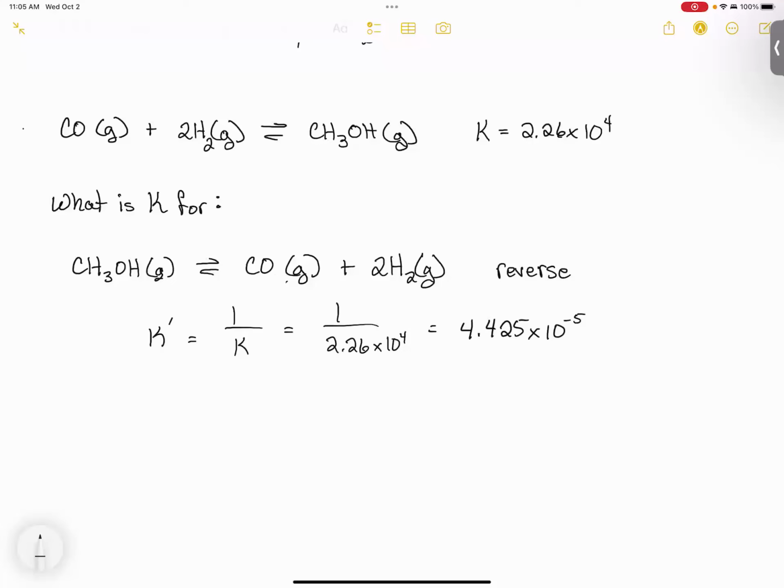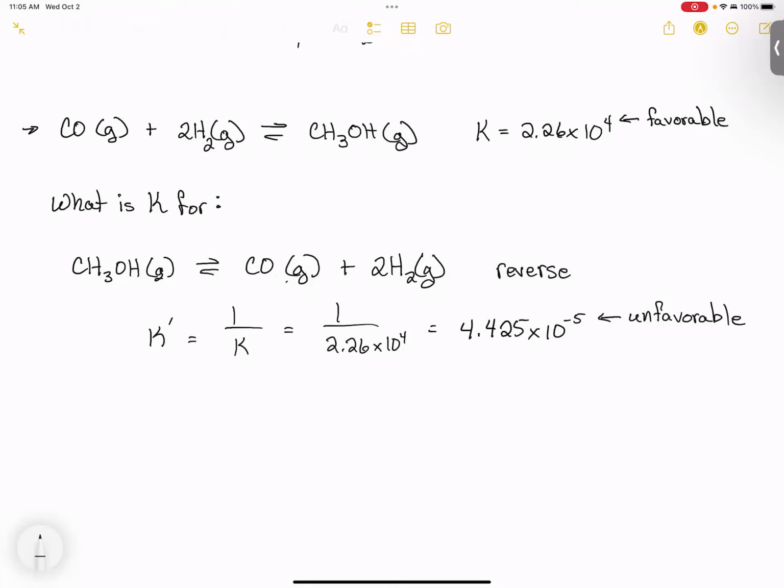If the addition of carbon monoxide and hydrogen to make methanol is an extremely favorable process because it has a large equilibrium constant, then you would expect the reverse to be an unfavorable process. So it does make sense from that perspective.